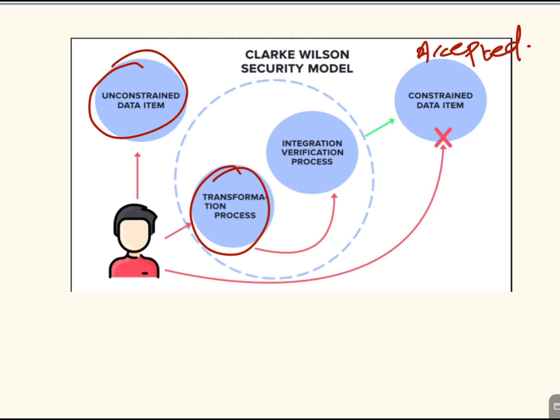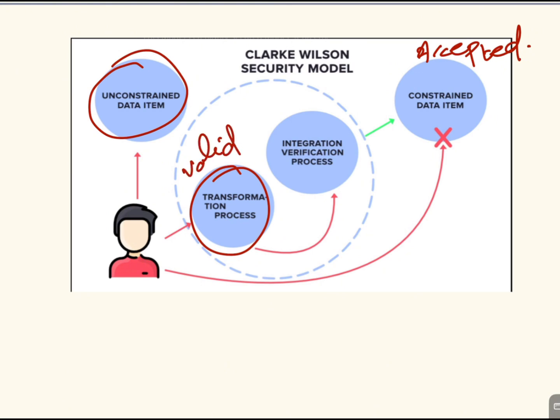So first the transformation process is performed, and then the integrity verification process is performed. In the transformation process, changes must be done through a controlled transformation process, which ensures only valid operations are performed.